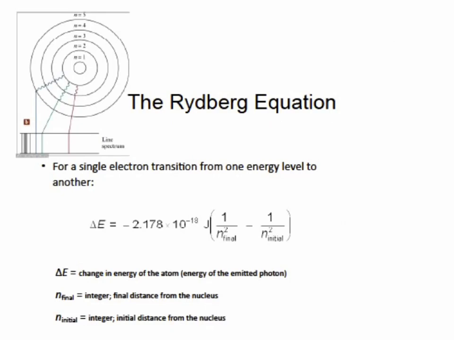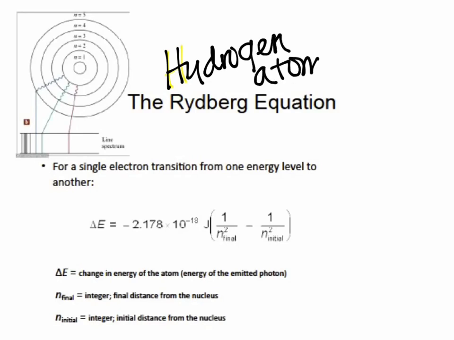So this brings me to the Rydberg equation. The Rydberg equation is only good for the hydrogen atom. If I ask you anything else, you cannot use the Rydberg equation. For a single electron to transition from one energy level to another, we can use the Rydberg equation to figure out how much energy was lost or gained.